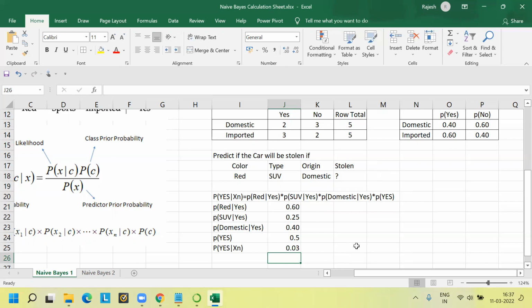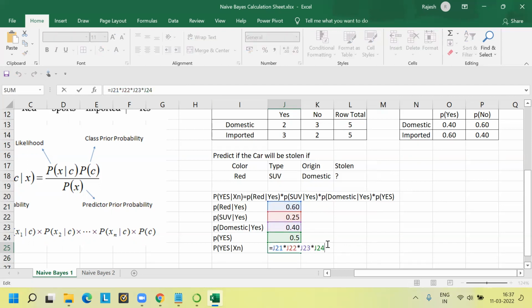You have to simply multiply all the probabilities. Multiplication.